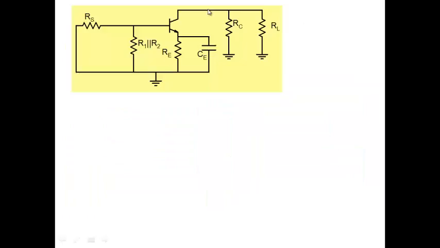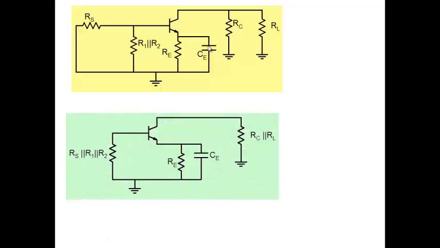Third one is here. So we want to find out what is the net resistance seen by this capacitor. Let me redraw the circuit. RC, we've combined RC parallel RL, and this R1 parallel R2 with RS, we've combined them together, and we are asking what is the net resistance seen by CE. So what is the net resistance that I see when I look into the emitter?